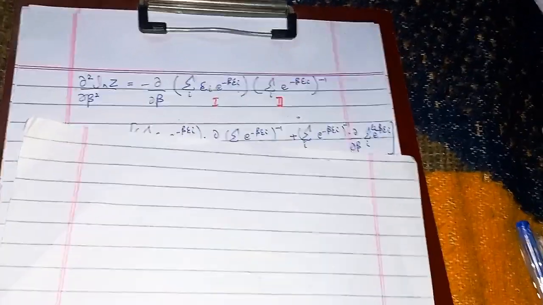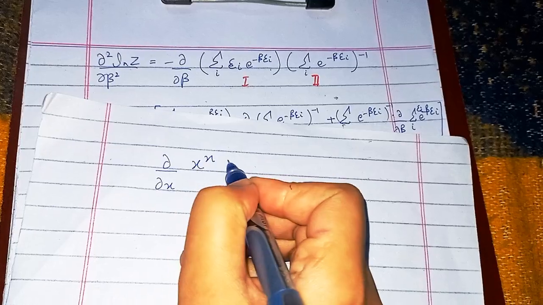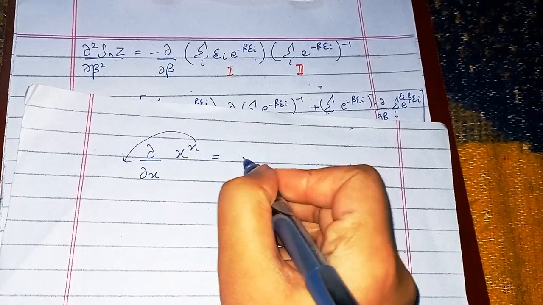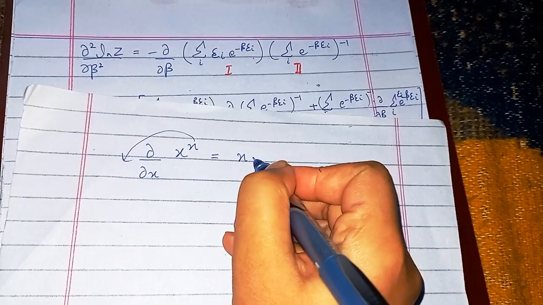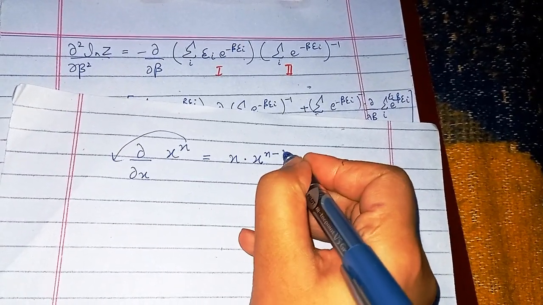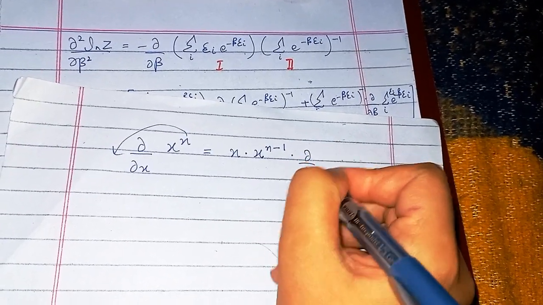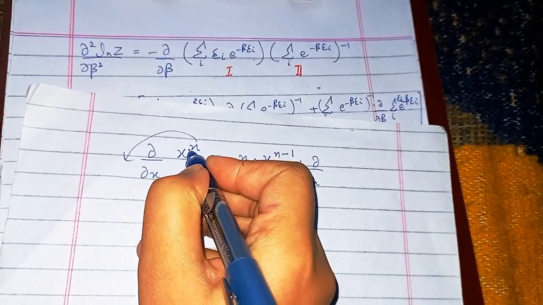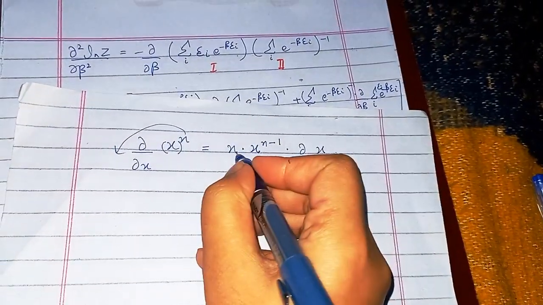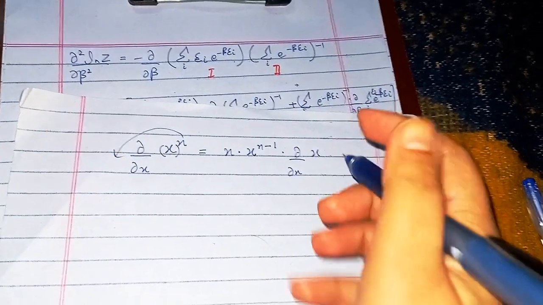If you have partial by partial x of x to the power n, then that would be equal to n, x to the power n minus 1. The power comes here being multiplied, and the power is reduced by one, dot derivative of the inner term. The inner term is the term under the power, which is x. So n, x to the power n minus 1, partial by partial x of the inner term.